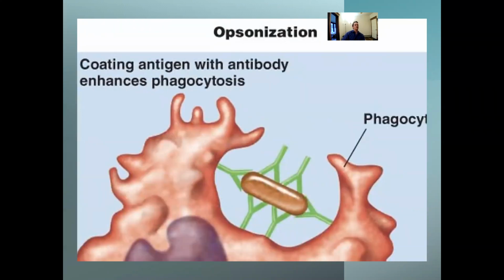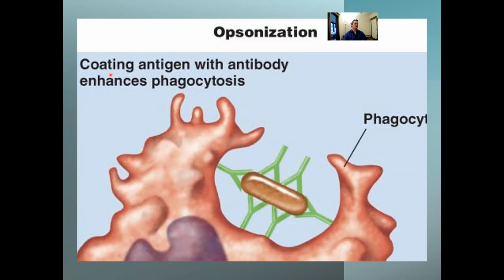Okay, and then we're looking at opsonization. Opsonization stems from the Greek word opsonare, meaning to cater. The antigen, such as a bacterium, is coated with antibodies that enhance its ingestion and lysis by phagocytic cells. Think of catering, or food: it's being made more delectable, if you will, for the phagocytic cells.